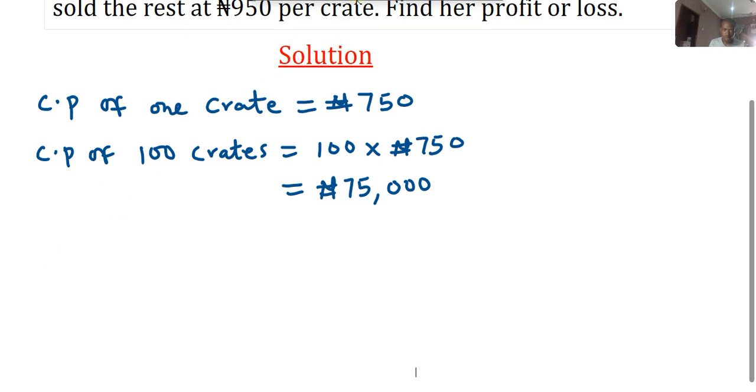Okay, now after buying, she realized that 10 of those crates are bad. So she won't be able to sell all the 100. So she will be left with 90 crates.